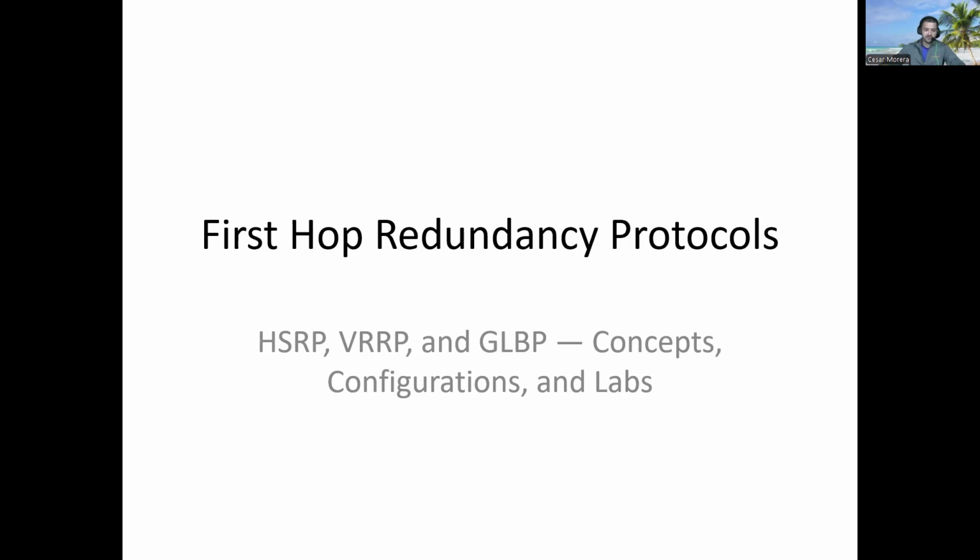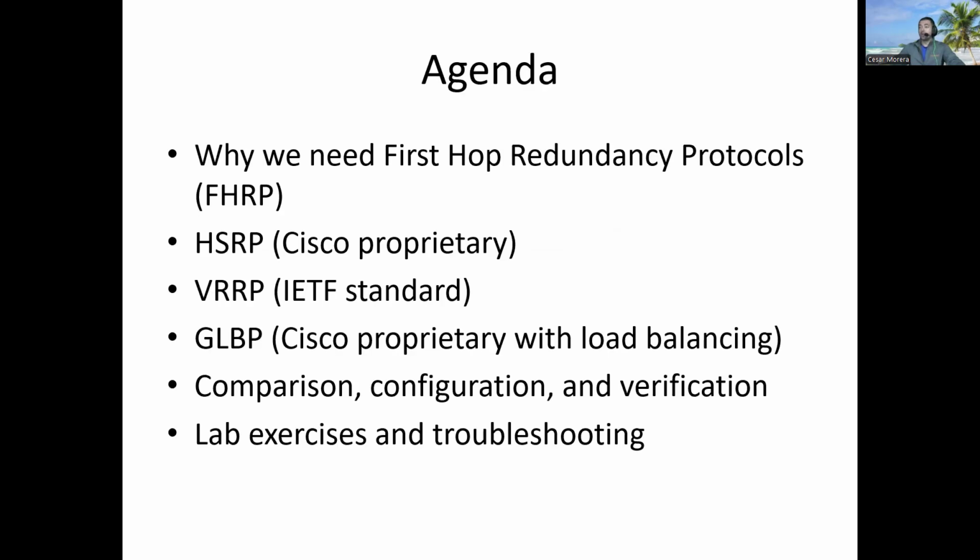So let's start with the first slide here. This is the agenda that we have for today. Why we need first hop redundancy protocols, FHRP. Cisco proprietary, that is HSRP; the IETF standard, which is VRRP; and Cisco proprietary with load balancing, which is GLBP.